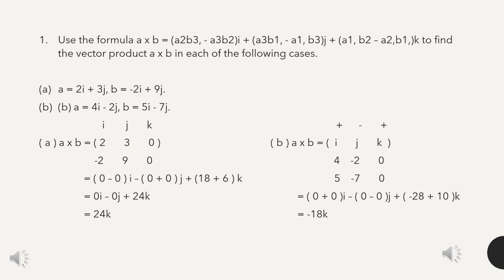And next, we close the row of K, and we have 4 times -7, we get -28, and 5 times -2, and we get 10. So -28 plus 10, and we calculate, and the answer is -18k.